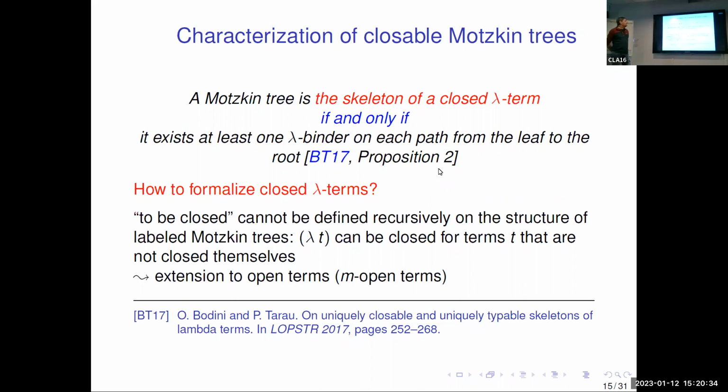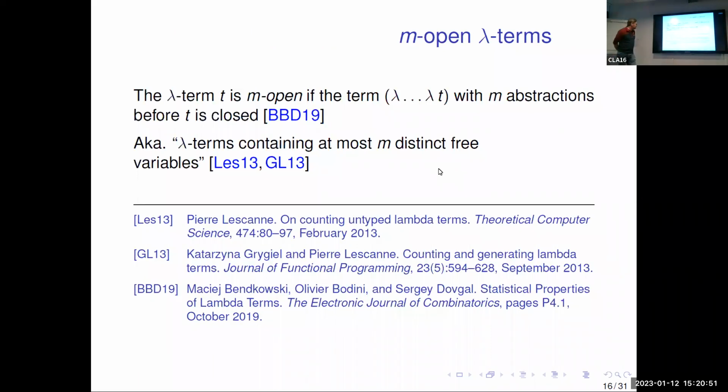So the first issue is how to formalize closed lambda terms. As I said before, closed lambda terms cannot be defined recursively. You need to use the notion of open term, which is M open term. There's a bit of literature on that.